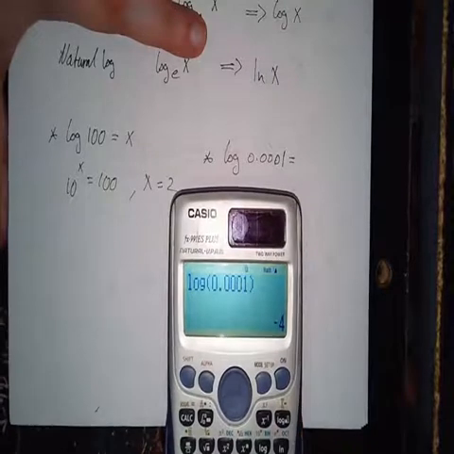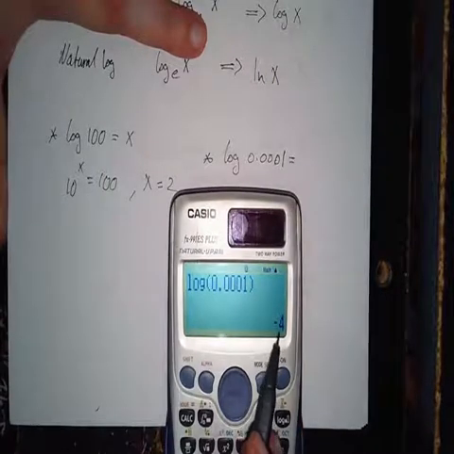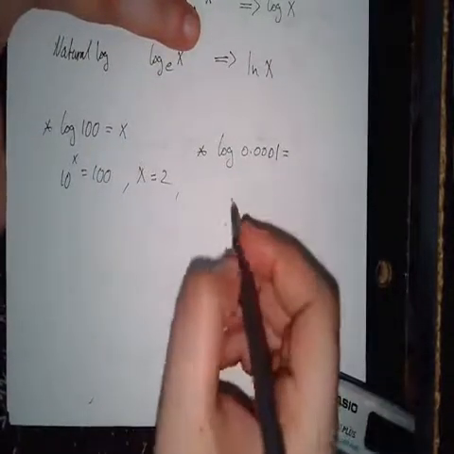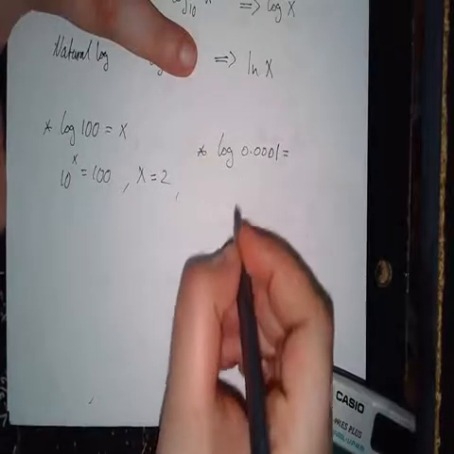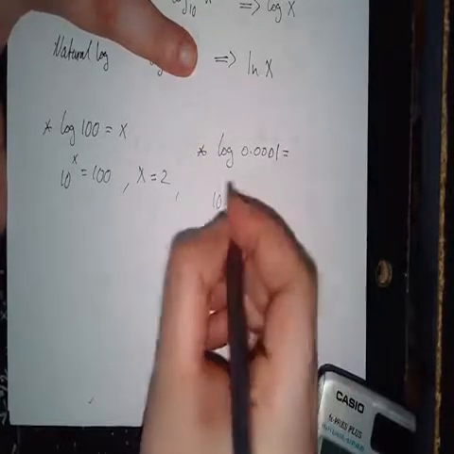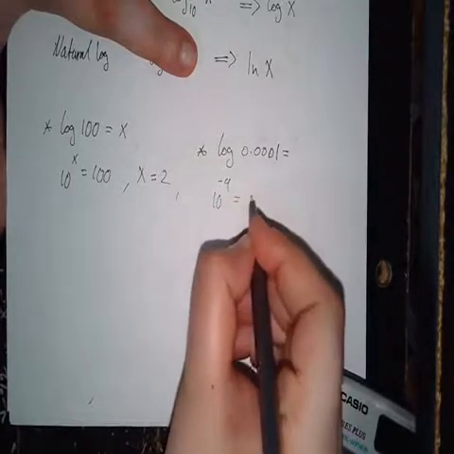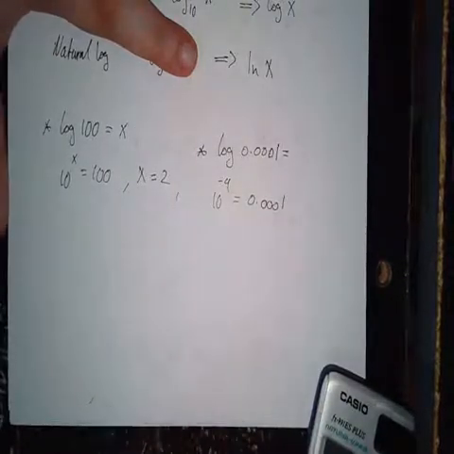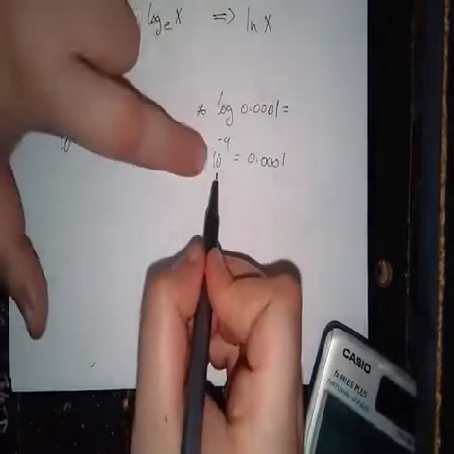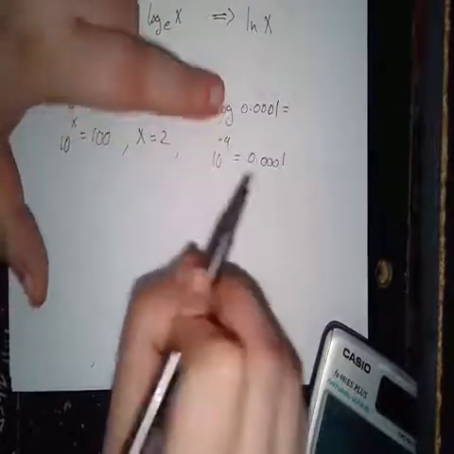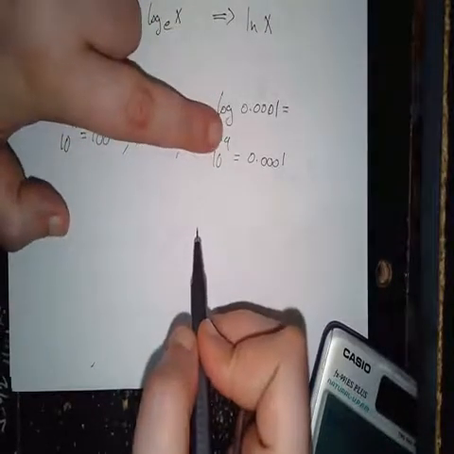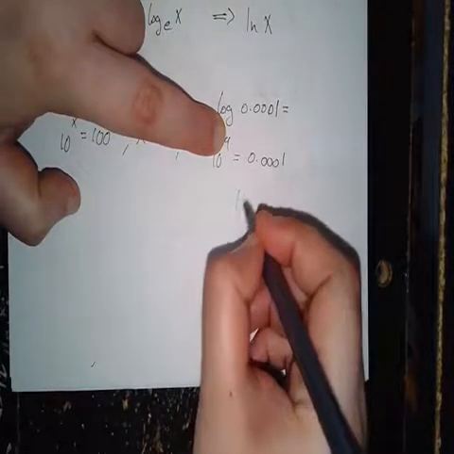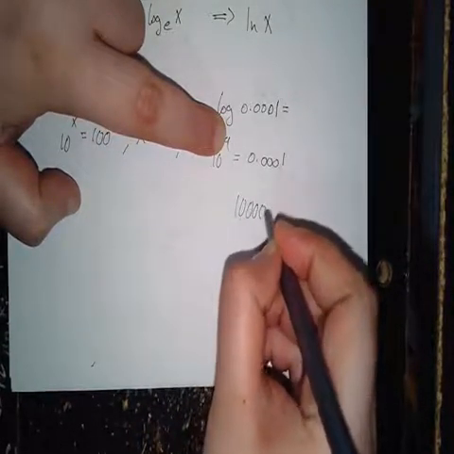Okay? Now, that means that the power of the exponential function was -4. So if I'm going to convert this to exponential, the base is 10. So base 10, power of -4, and it gives you 0.0001, which is true. Because if I'm multiplying 10 by itself 4 times, forget the negative for a minute, by itself 4 times, that's going to give you 10,000, right? 1, 2, 3, 4.